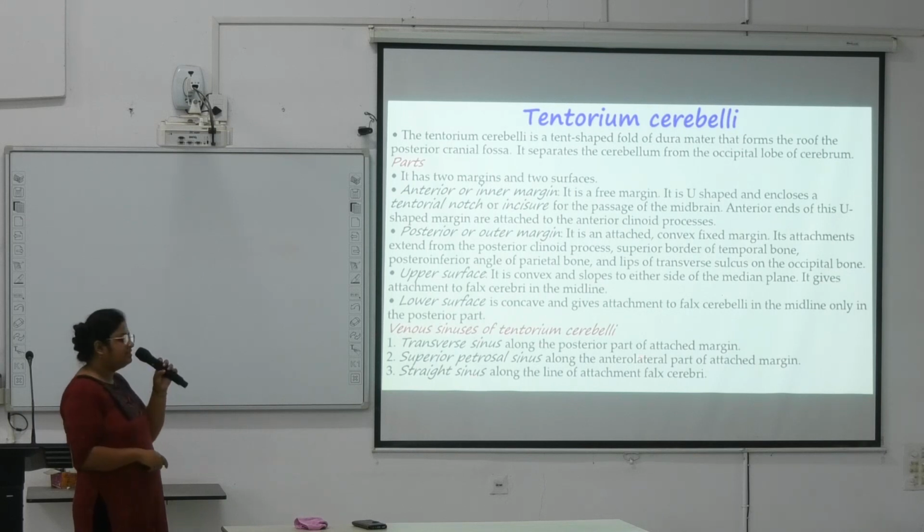Now, venous sinuses related to the tentorium cerebelli are the transverse sinus along the posterior part of the attached margin, superior petrosal sinus along the anterolateral part of the attached margin, and straight sinus along the line of attachment of falx cerebri. Okay, so these are the venous sinuses.